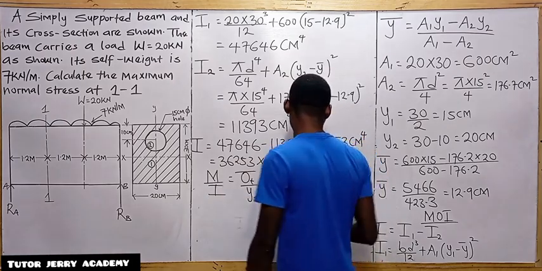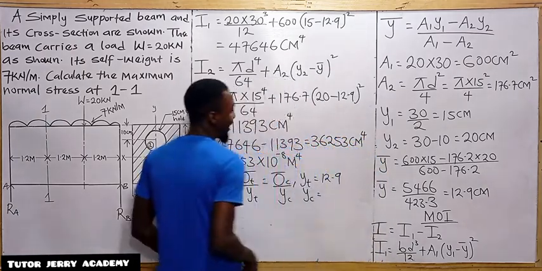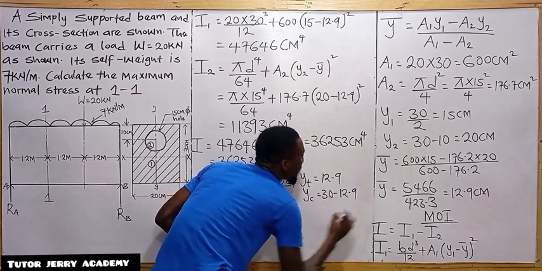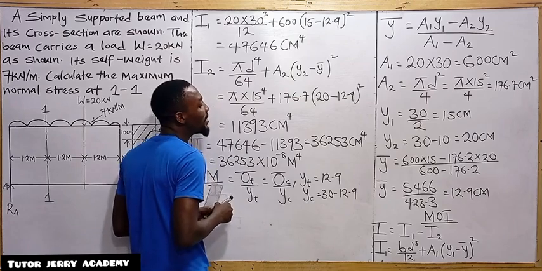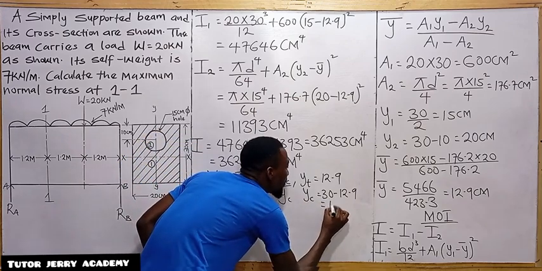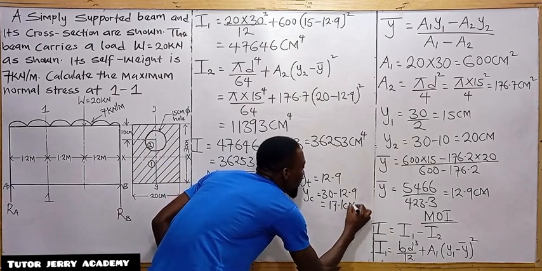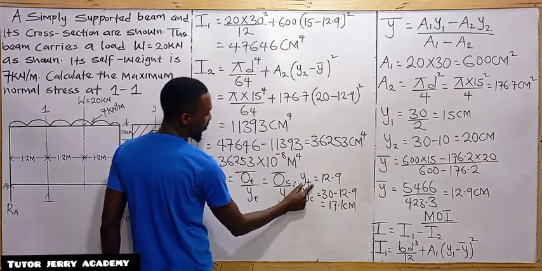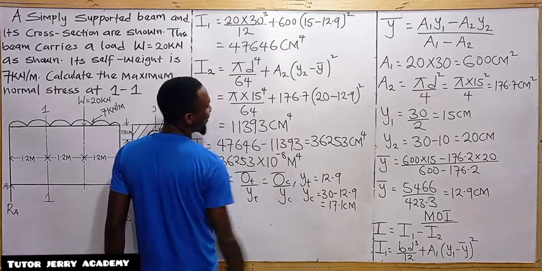So our y compressive now, our y compressive is going to be what? 30 minus 12.9. And 30 minus 12.9 is 17.1. So this is going to give us 17.1 cm. So the greater value there between the y tensile and y compressive is 17.1.